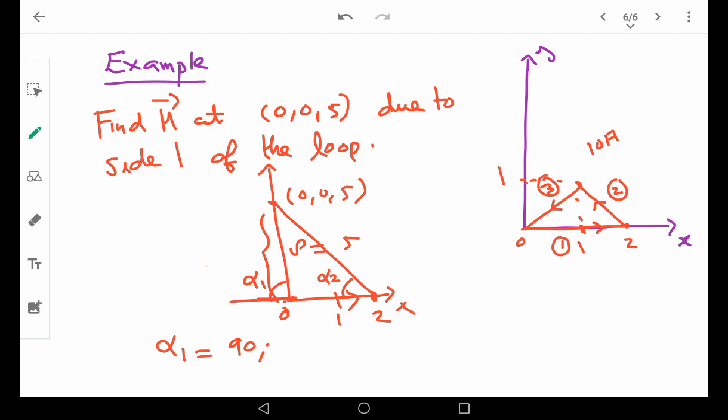How to find that angle? Normally you know the law is given like this: H equal to I by 4 pi rho, cos alpha 2 minus cos alpha 1, A phi.